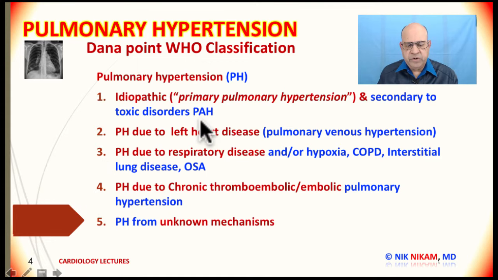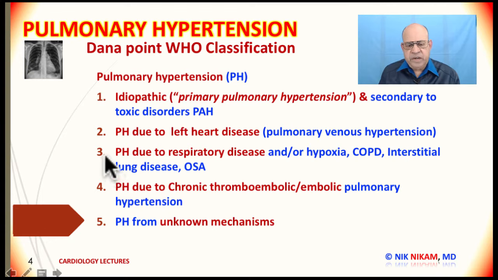The first one is known as pulmonary arterial hypertension, or PAH, and it is an idiopathic primary pulmonary hypertension that is primarily resulting from changes in the pulmonary arterial circulation. The second type of pulmonary hypertension, designated here as just PH, which stands for pulmonary hypertension, is due to left heart disease, namely pulmonary venous hypertension.